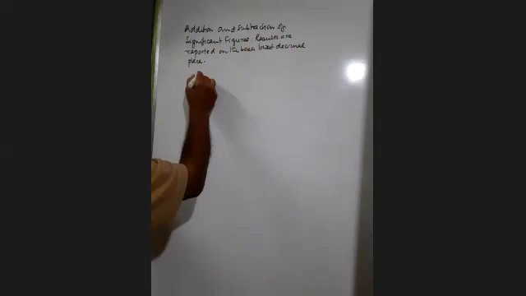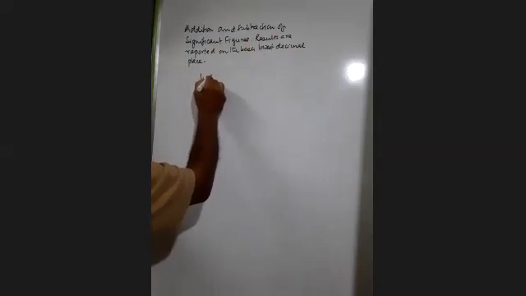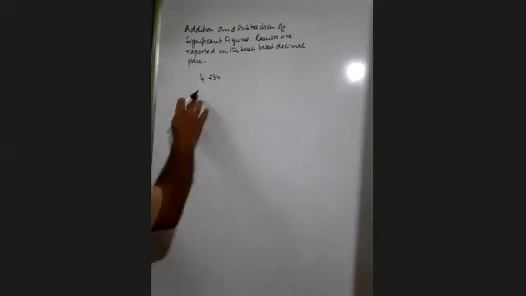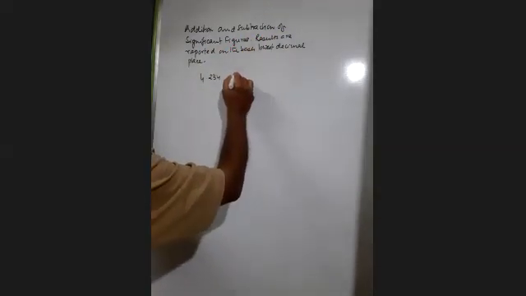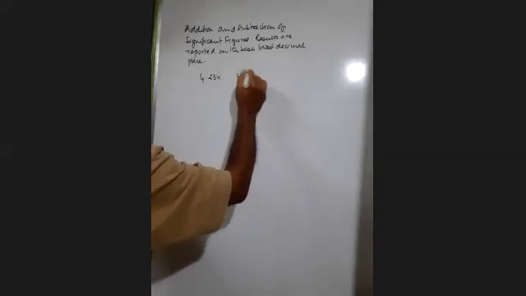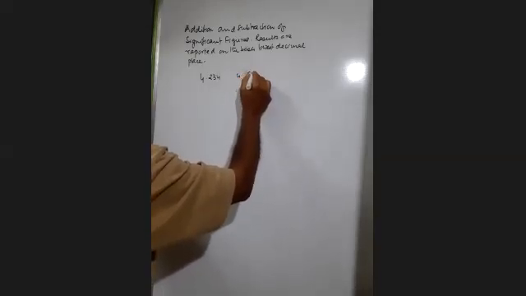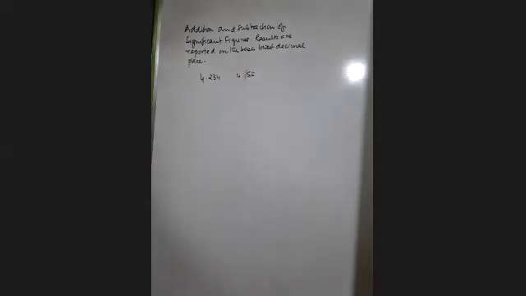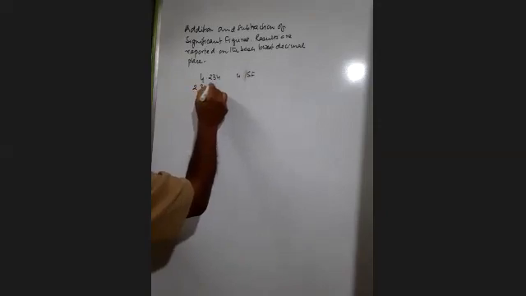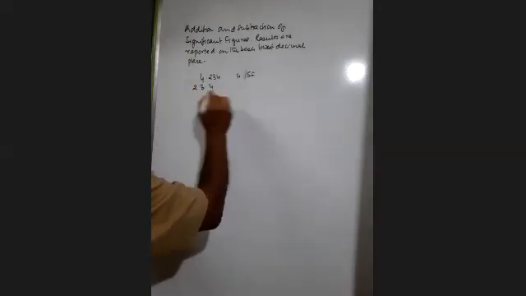Say I have taken here 4.234. It has four significant figures. Let me write as SF. Then say it is 23.4.